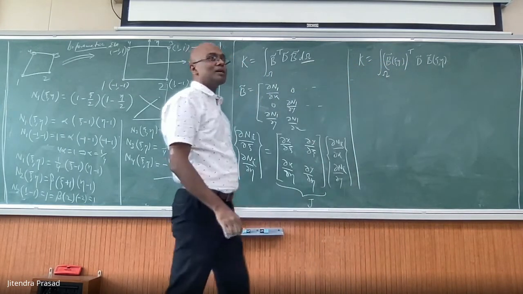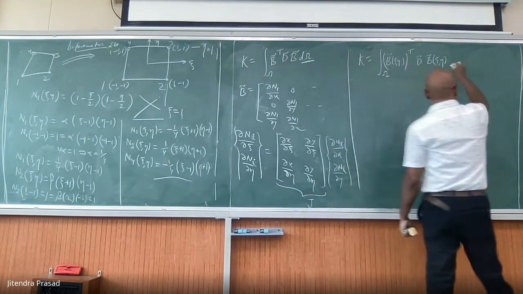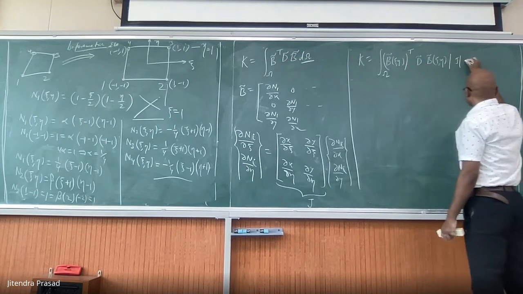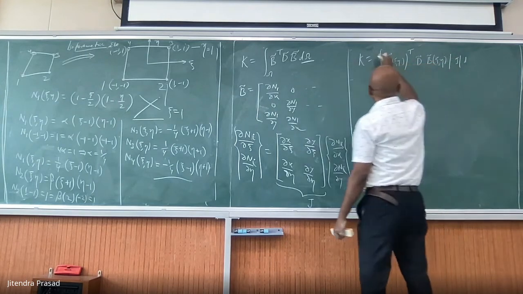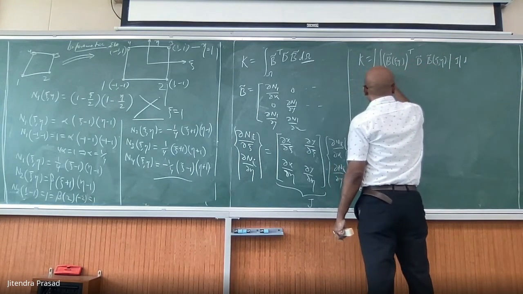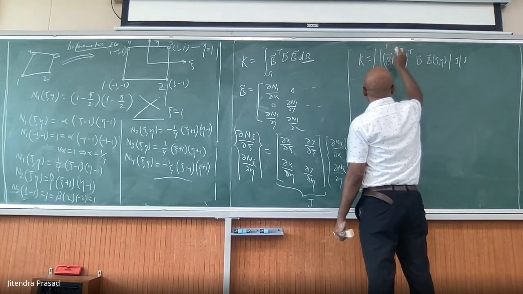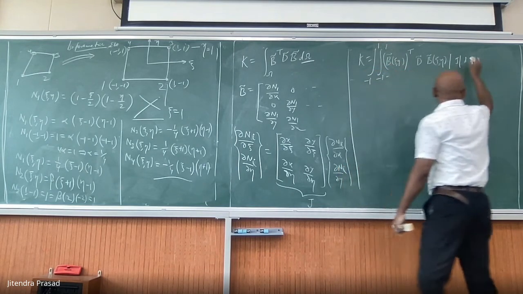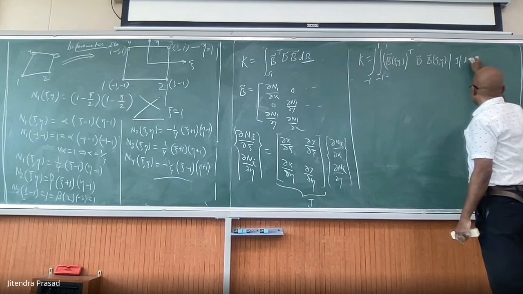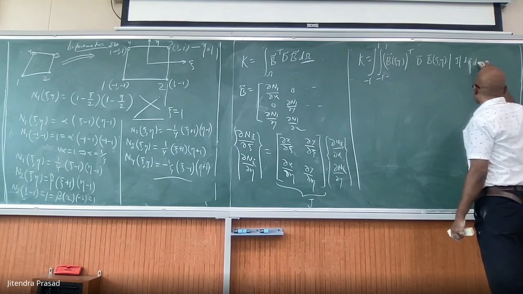D omega, remember what we did? The determinant of J, right? And then you have the integration from minus 1 to 1, minus 1 to 1. Typically we write D first and this later.